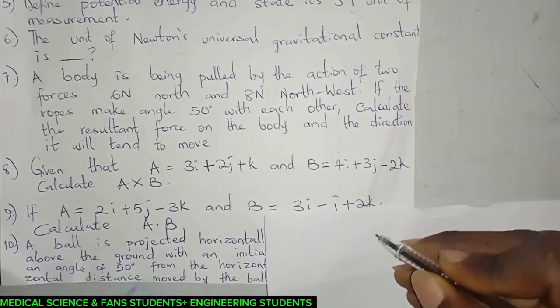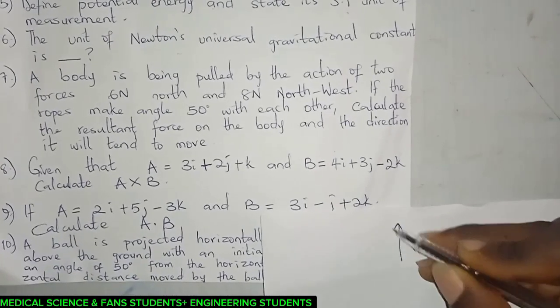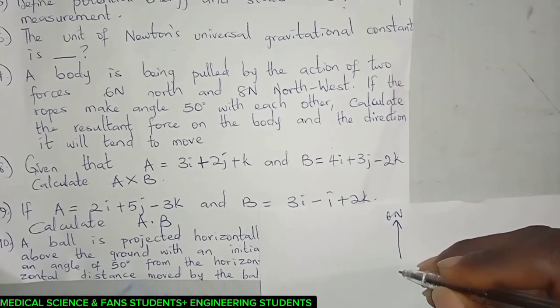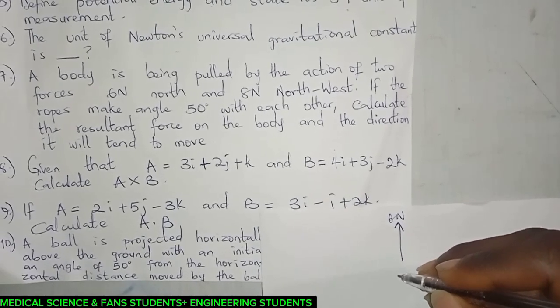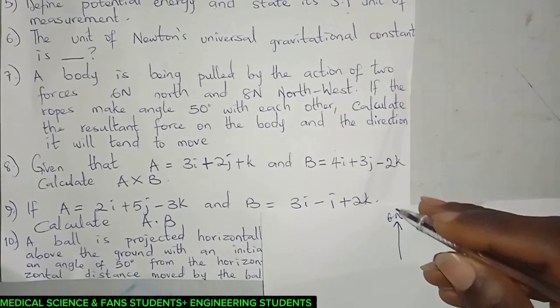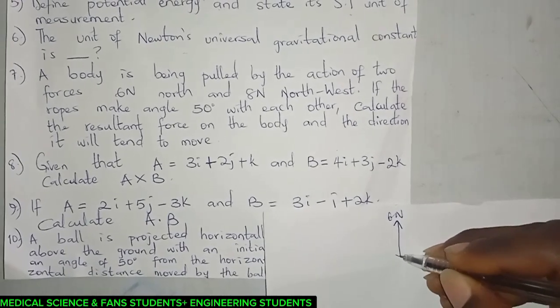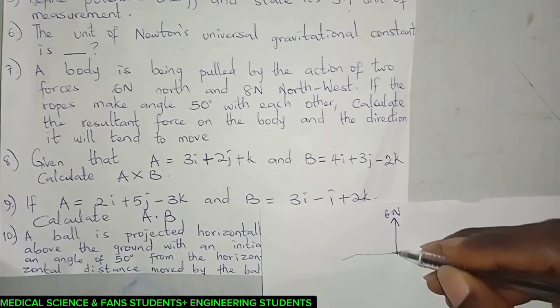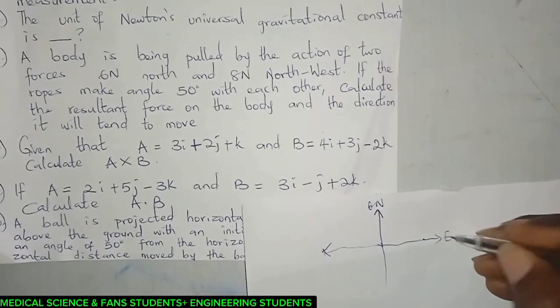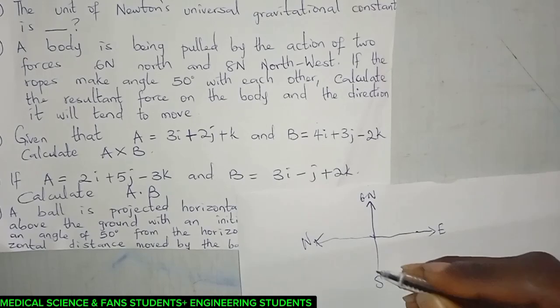The body is being pulled by the action of two forces. One force is acting, 6 Newton, and there's another force pulling it. If you know the coordinates, I always tell my students, first draw the coordinates. So this is east, this is west, this is south.